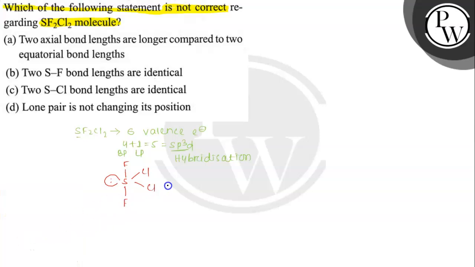The first option says that two axial bond lengths are longer compared to two equatorial bond lengths. If you see, the axial bond is between S and F and the equatorial bond is the S-Cl bond. Fluorine is more electronegative than chlorine, that means there is more force of attraction between sulfur and fluorine, so that bond is shorter than the S-Cl bond.